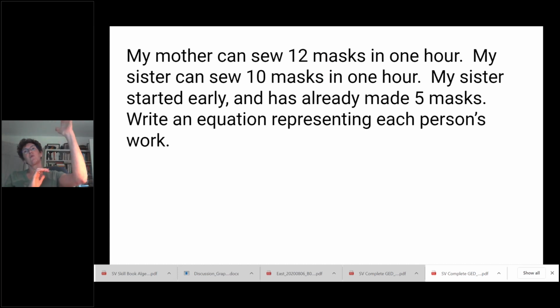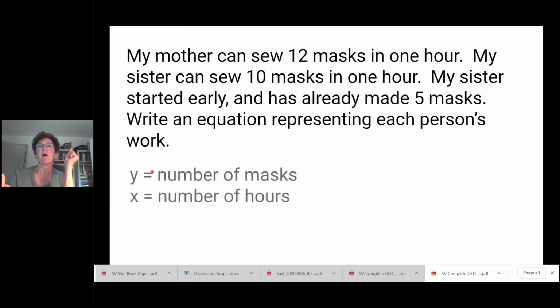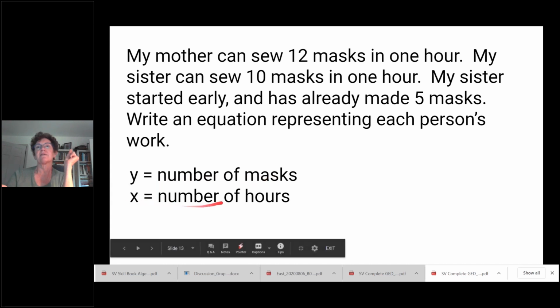So in this 12 masks, our ratio would look like the fraction 12 over 1. So when we think of rise over run, this is going to be on the y-axis. This will be the x-axis. So our 2 unknowns are y is the total number of masks, and x is the number of hours.